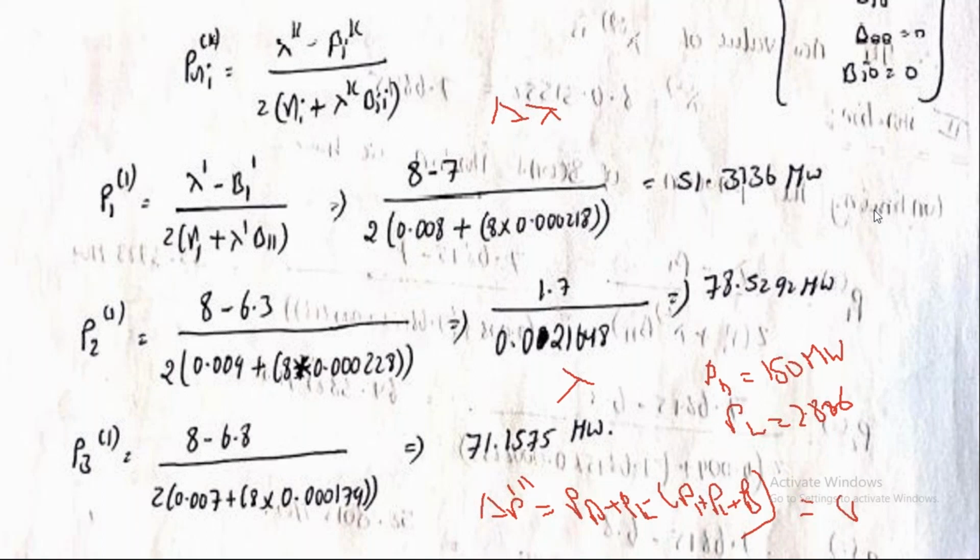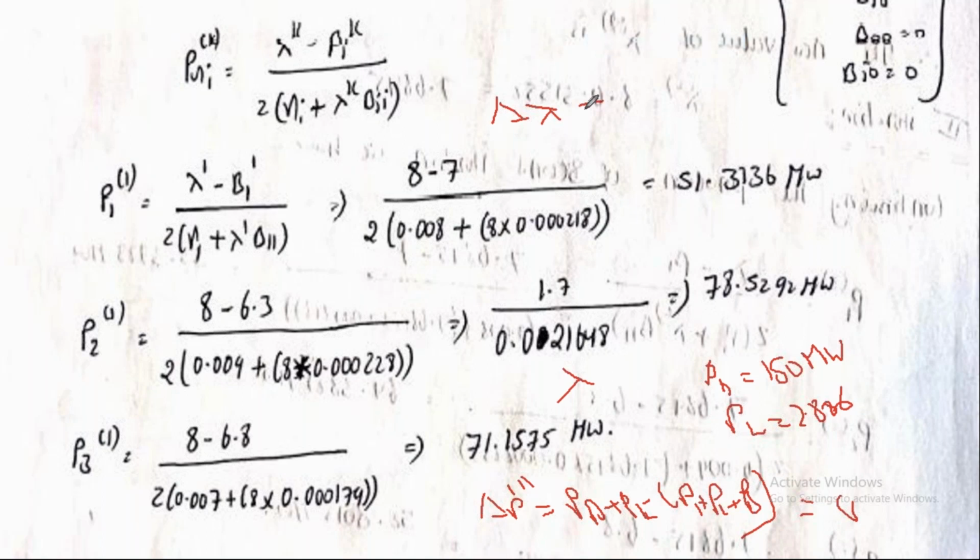What about others? So the delta value we are getting is negative, so it is not zero, right? So we have to update the lambda value. What is the formula we can use for updating the lambda?